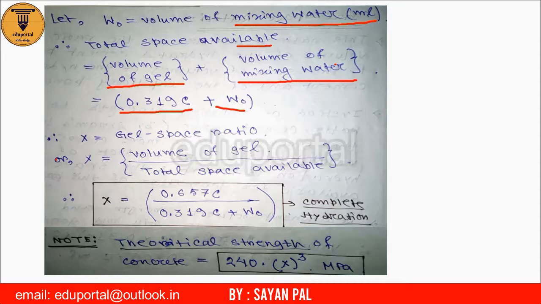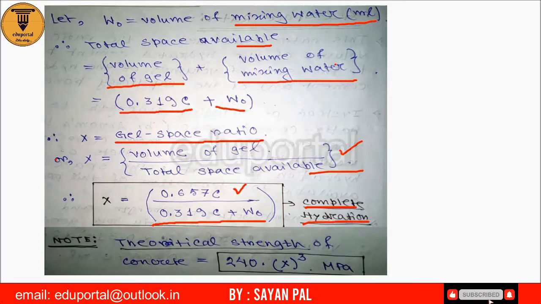If X is the gel space ratio, then X is the volume of gel by the total space available. That is, X is equal to 0.657 C by 0.319 C plus W0. This is for complete hydration. Okay, so this is the expression for gel space ratio.